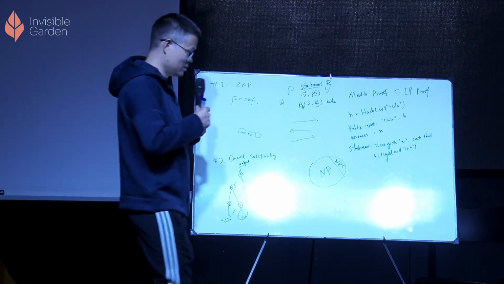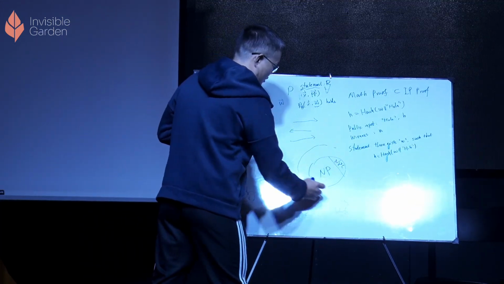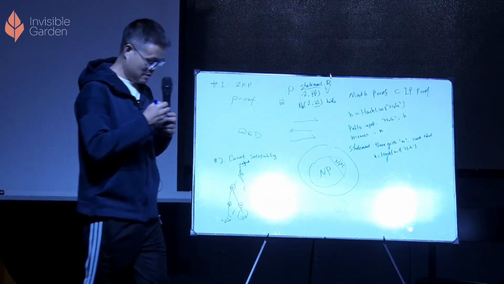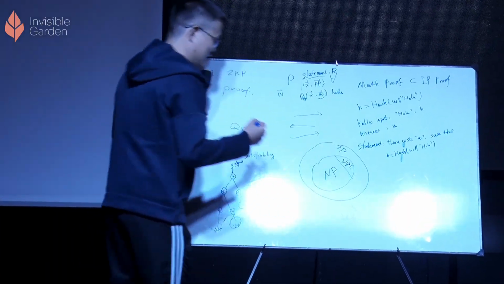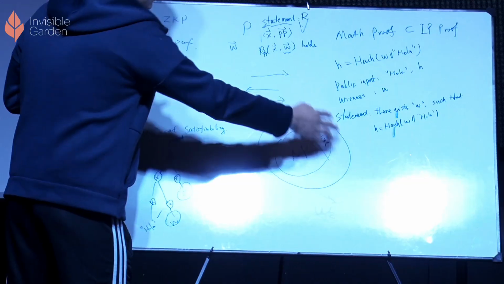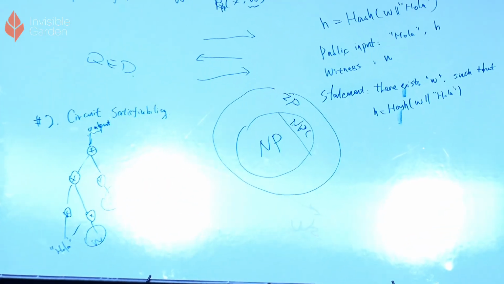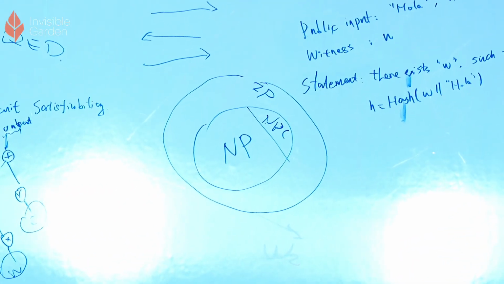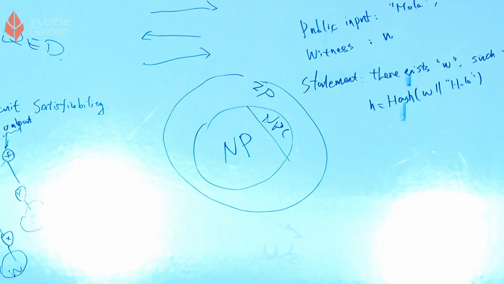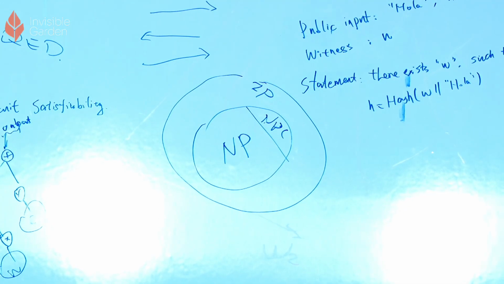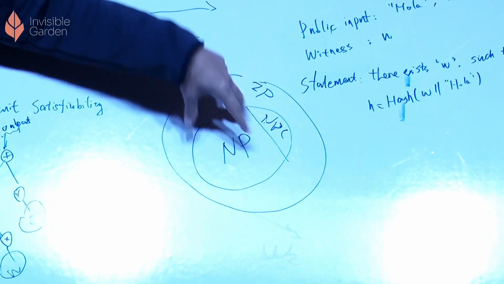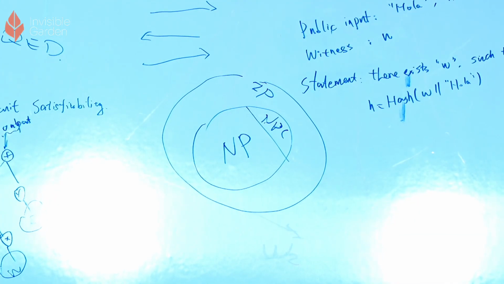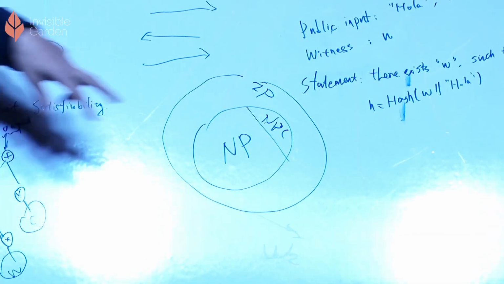Okay, so in the conjecture, what the IP does is much bigger. It's just a conjecture. It has not been proved. But most computer scientists guess the IP set is much larger than the NP set. But the NP set is enough for us.